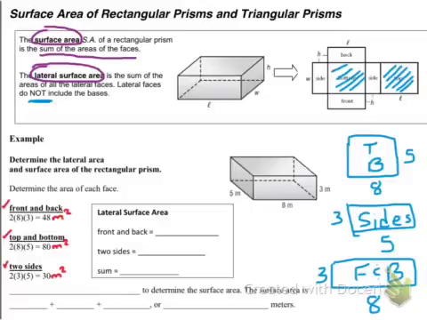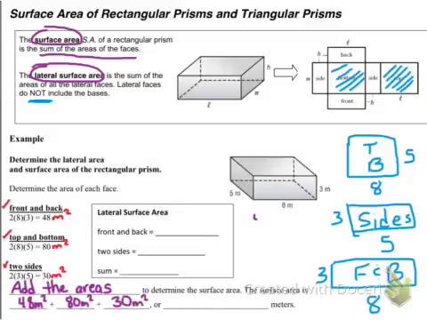So in order to determine the surface area, we're going to add the areas. The surface area is going to be 48 square meters plus 80 square meters plus 30 square meters.